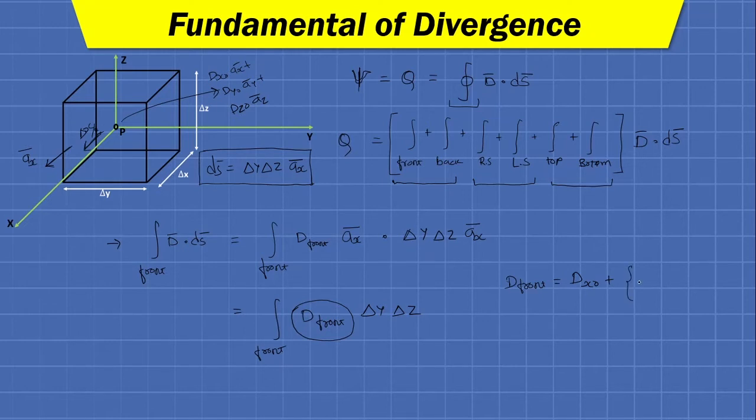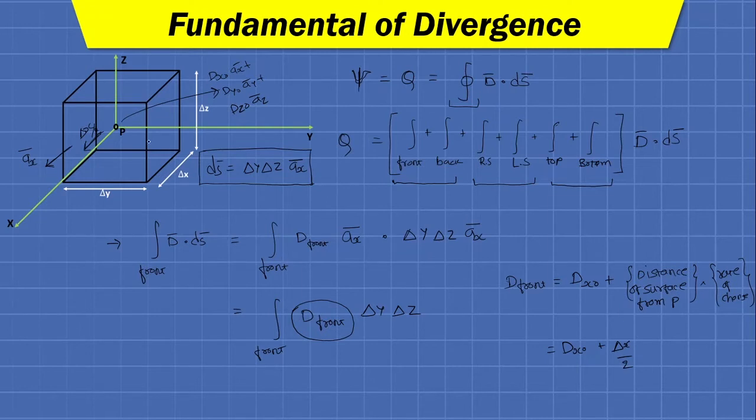So D front is Dx0, the initial value of flux density at point P, plus the distance of the surface from point P multiplied by the rate of change. We write Dx0 plus the distance we have traveled, delta x by 2.